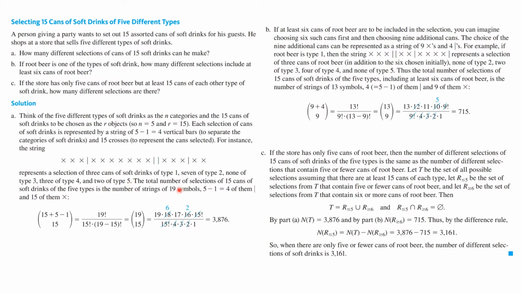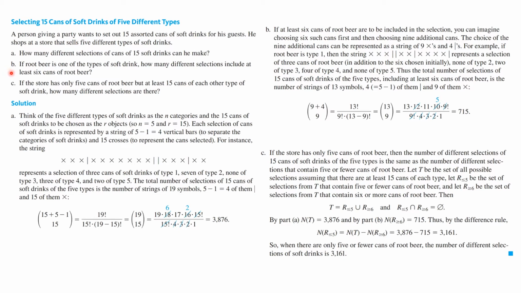So the total number of selections of cans of soft drinks of the 5 types is the number of strings of 19 symbols, 5 minus 1, so 4 of them are vertical bars, and 15 of them are crosses. So the number of ways is 15 plus 5 minus 1, choose 15. That's the theorem. You do the calculation, you get 3876.